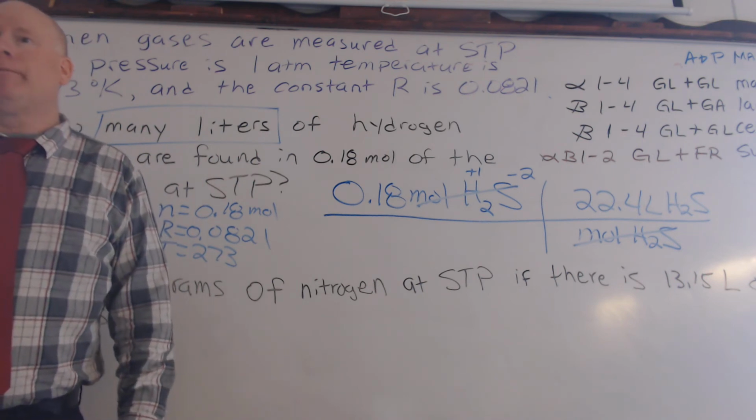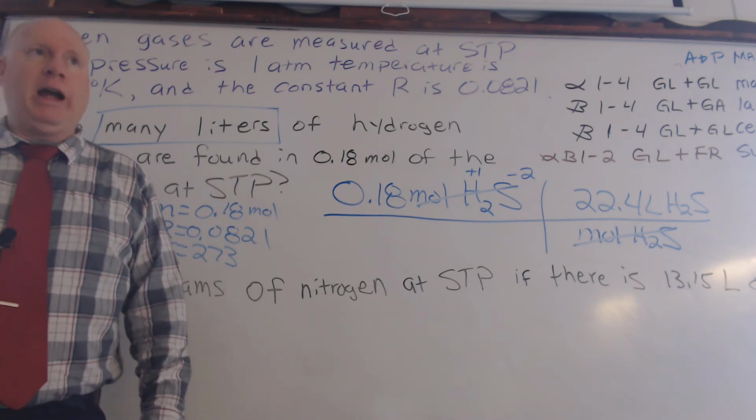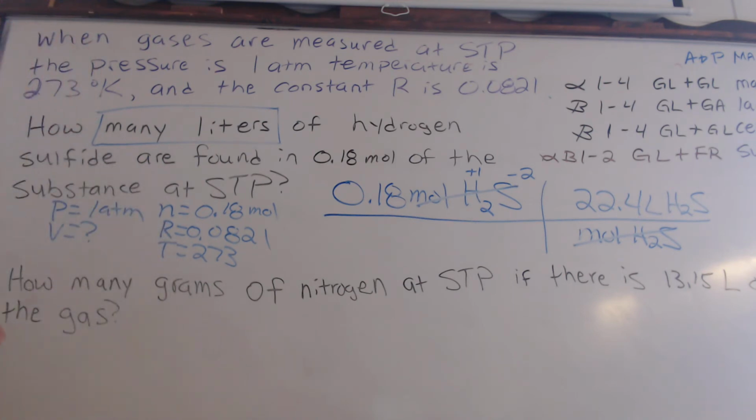Okay. Because one of the things that will happen later on in this chapter, you will be solving for one of these in gases where it's not measured at STP, where you would have to use the ideal gas law. Okay? And again, if I was sitting on that table, I have no idea what to ask.